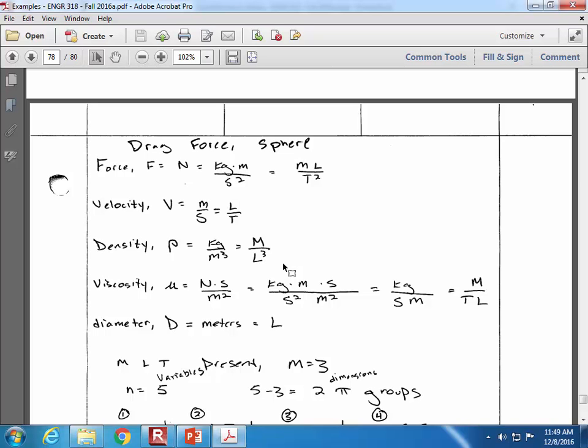What I will have is viscosity, density, diameter squared, and it'll have 1 divided by t. And so it is this expression divided by the one above it. And so what's left is just density squared.